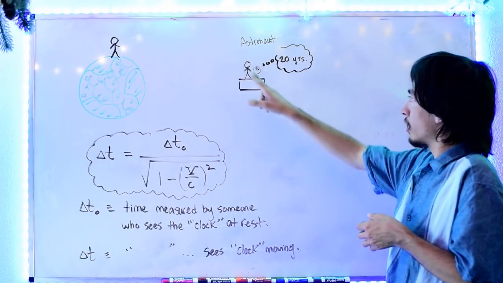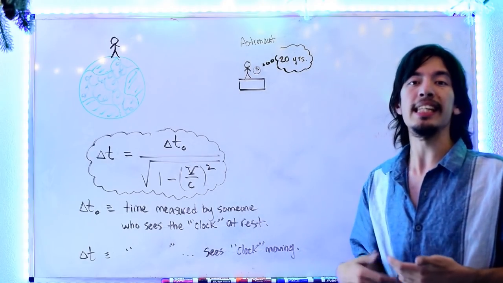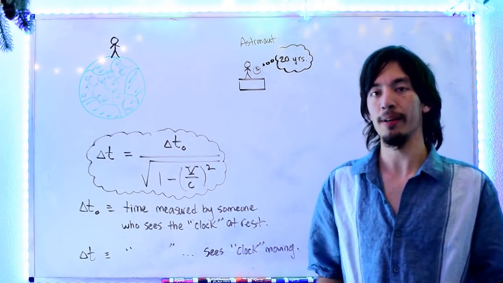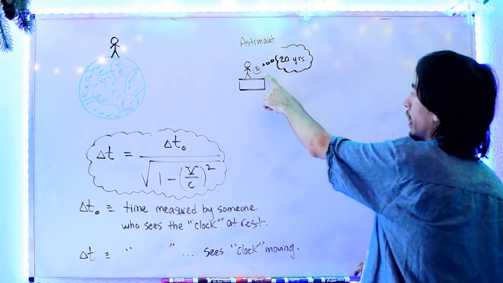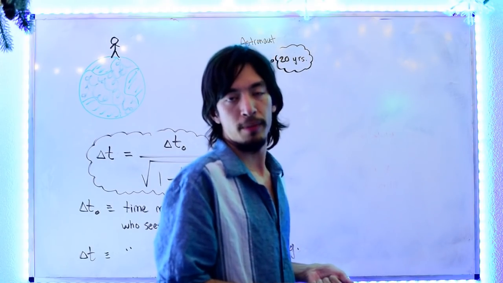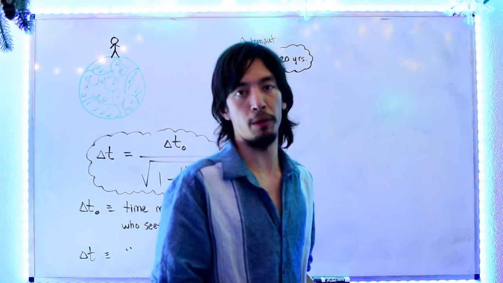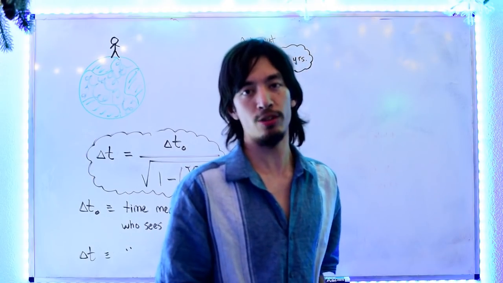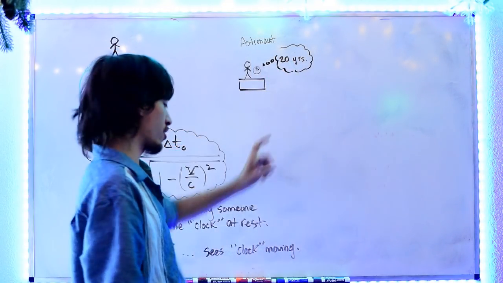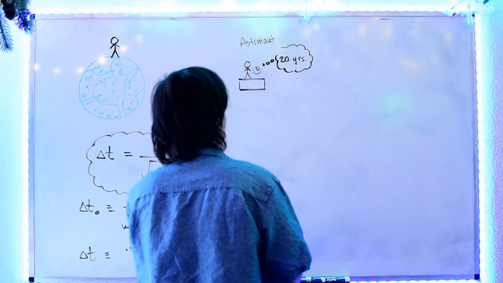Now, the astronaut does not see the spaceship moving. The astronaut thinks they're stationary. So when they sit in their spaceship and hold the clock, the clock looks stationary from the astronaut's perspective. So the 20 years here that the astronaut measures is the rest time.